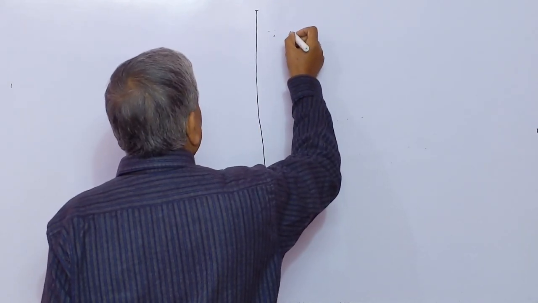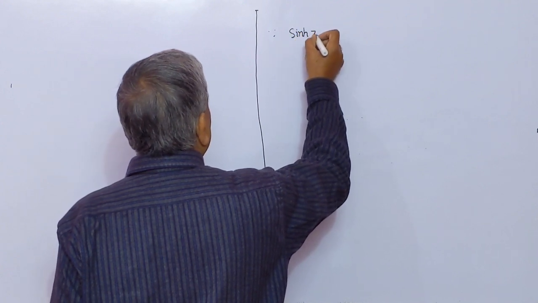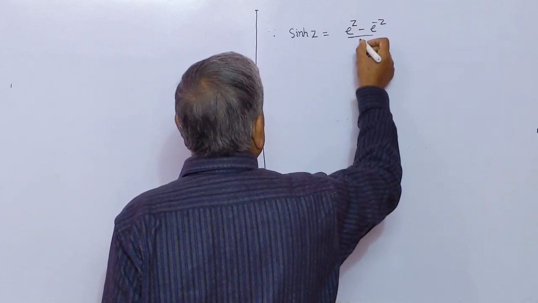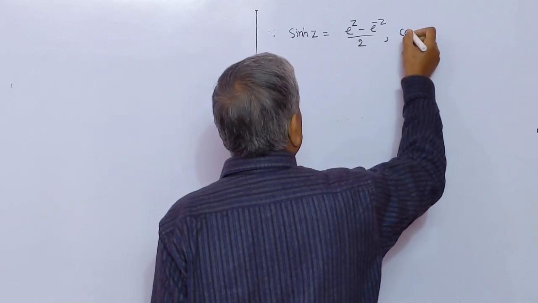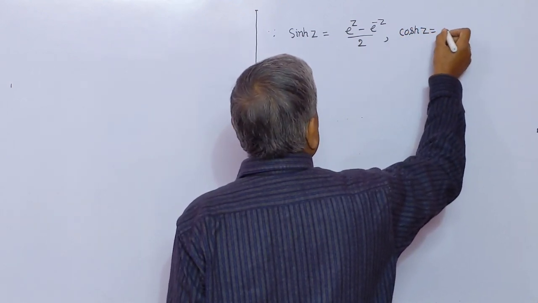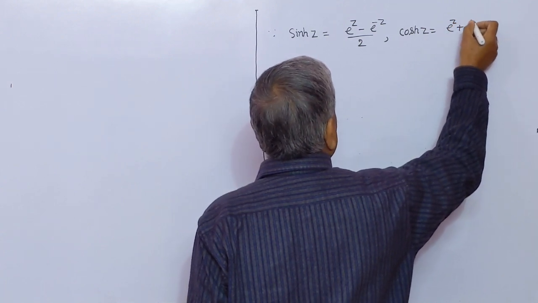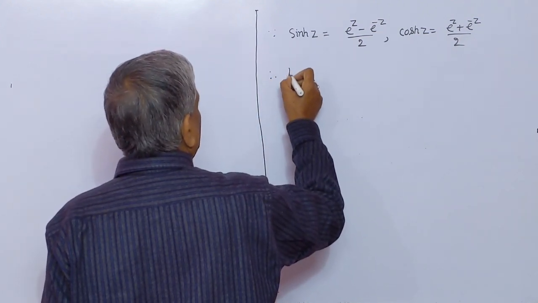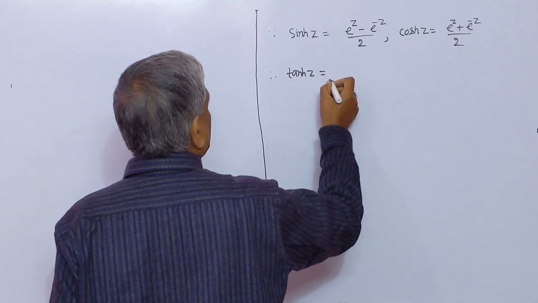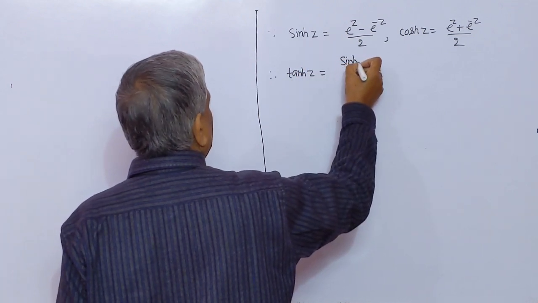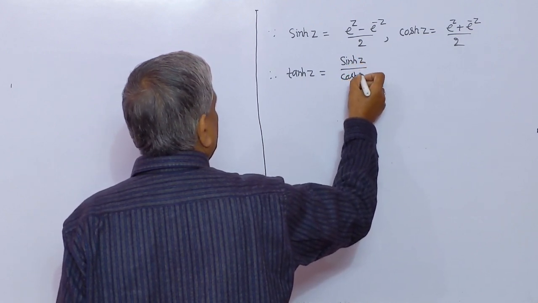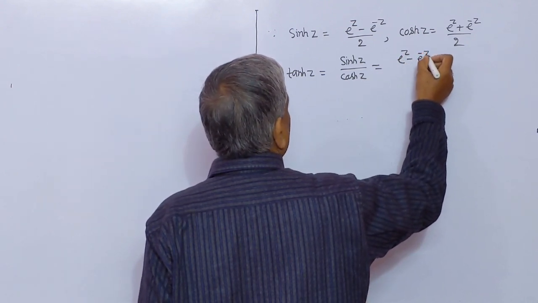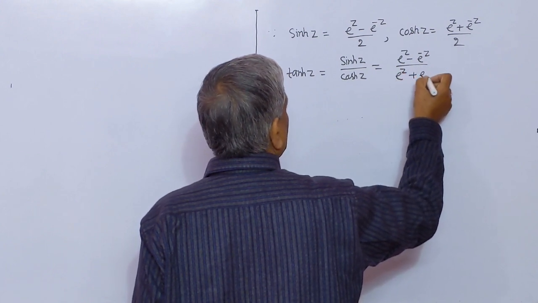Since hyperbolic sine z equals e to the power z minus e to the power minus z by 2 and hyperbolic cosine z equals e to the power z plus e to the power minus z by 2, therefore hyperbolic tan z equals hyperbolic sin z by hyperbolic cos z, and this will be equal to e to the power z minus e to the power minus z by e to the power z plus e to the power minus z.